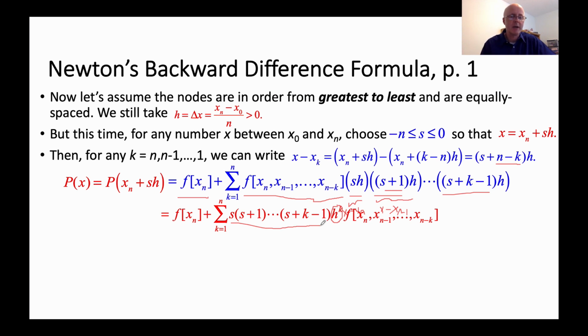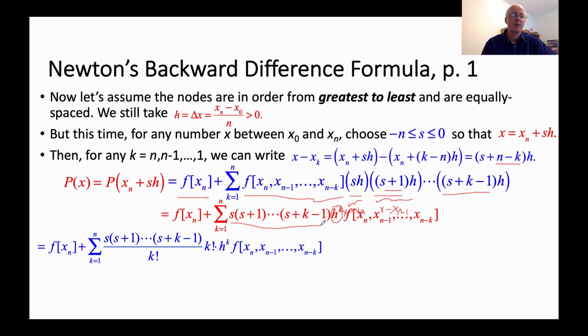However, through a little trickery, turns out we can write it in terms of binomial coefficients. First of all, we can once again multiply and divide by k factorial. And this thing again almost looks like a binomial coefficient, except we're adding instead of subtracting 1 each time. However, it does end up equaling this: negative 1 to the k times the binomial coefficient of negative s with respect to k. Why?